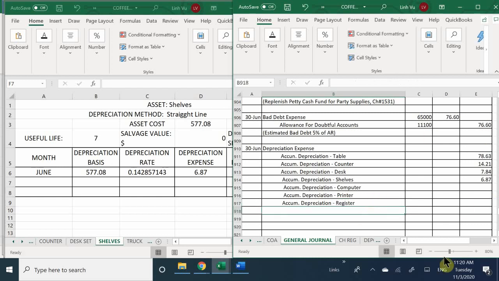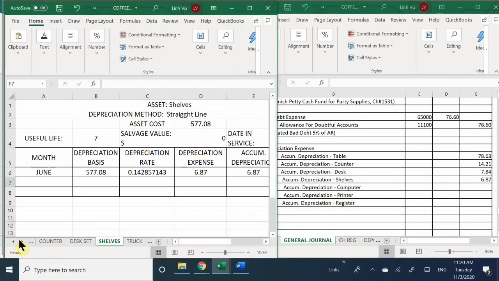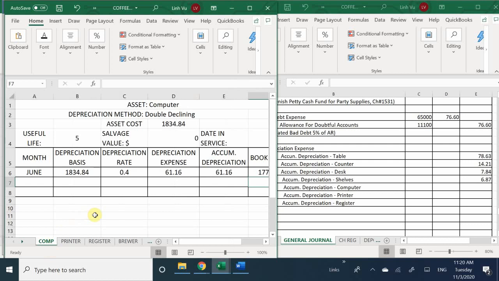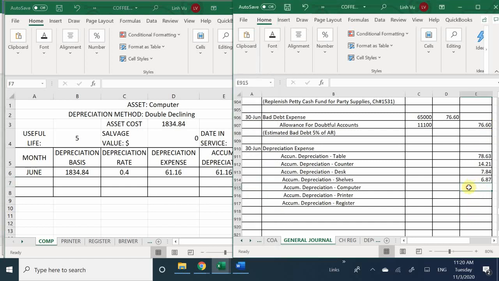Out of each one, for my computer, how much did I depreciate it for? 6116. Okay.